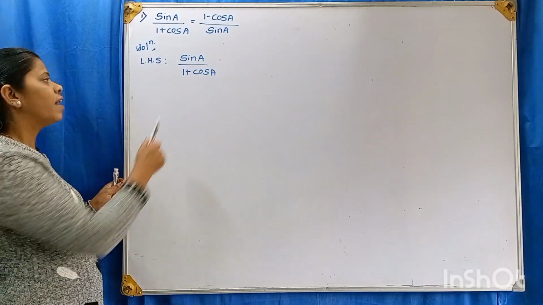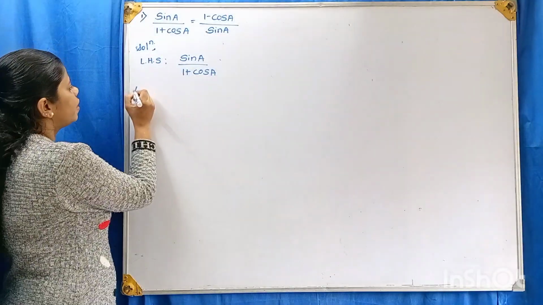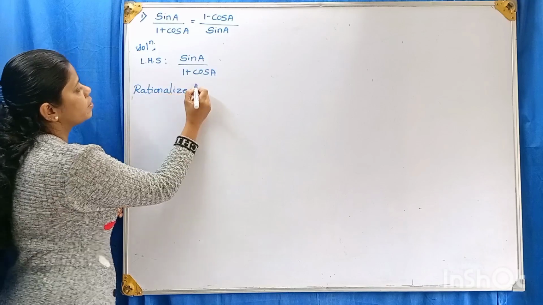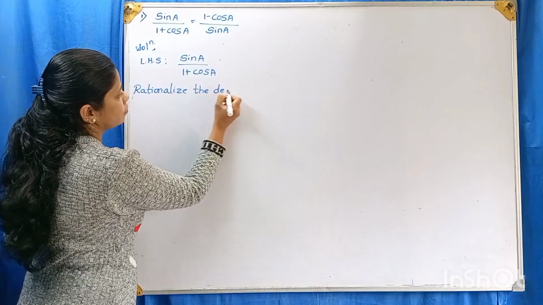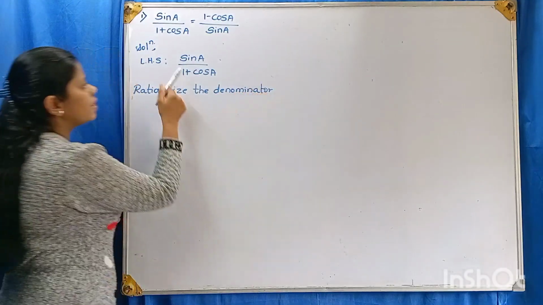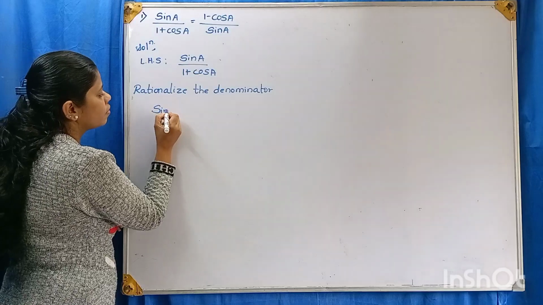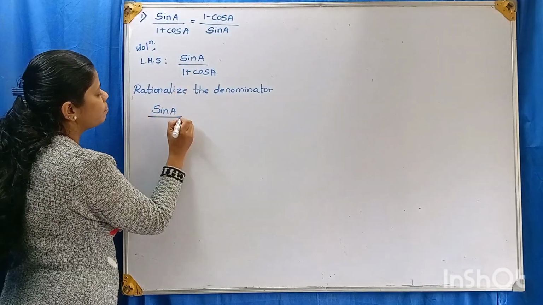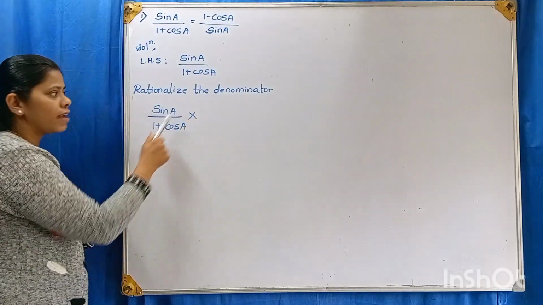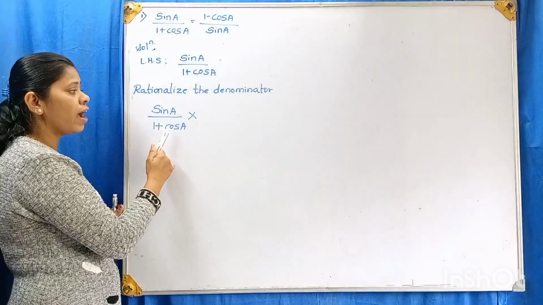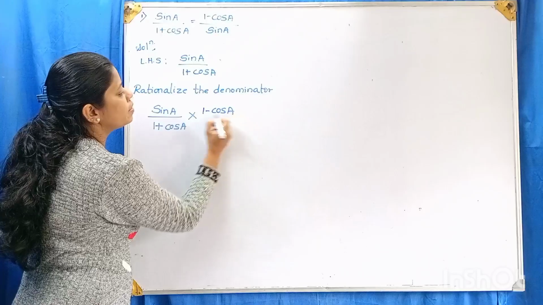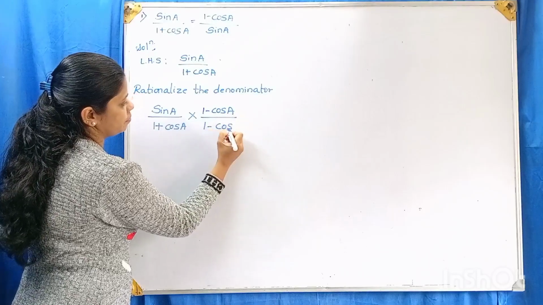Now, let's rationalize the denominator. That is sin A divided by 1 plus cos A. Since we are rationalizing the denominator, we have to multiply 1 minus cos A to the numerator and to the denominator.